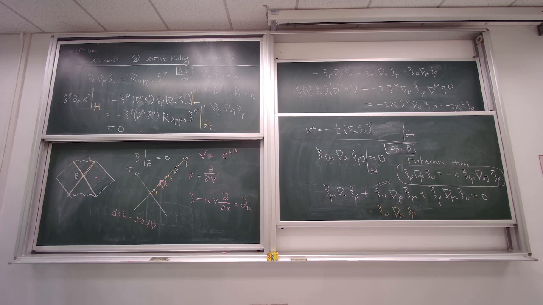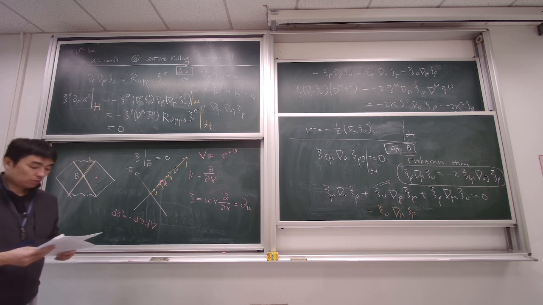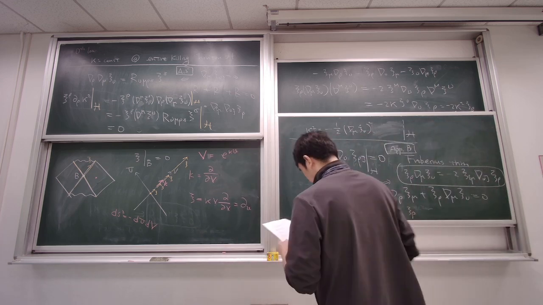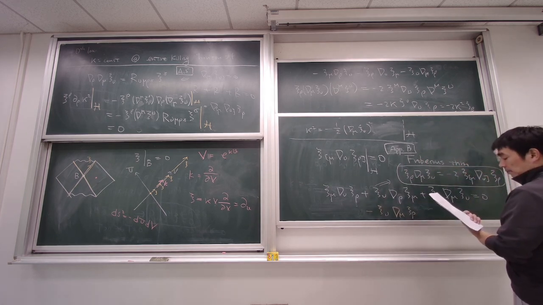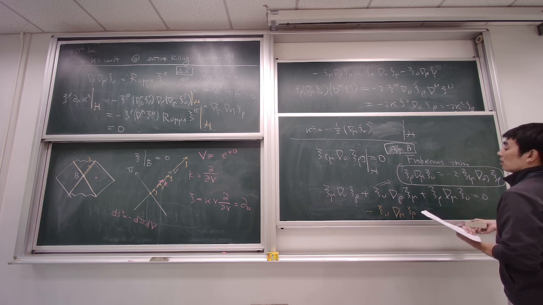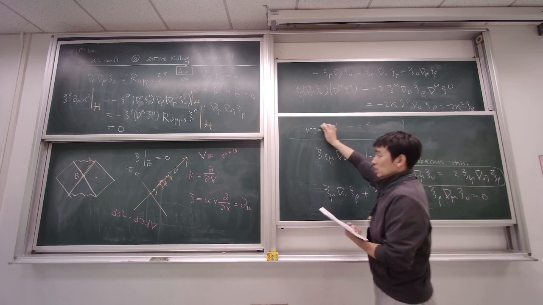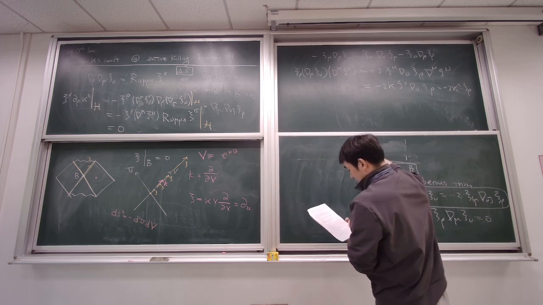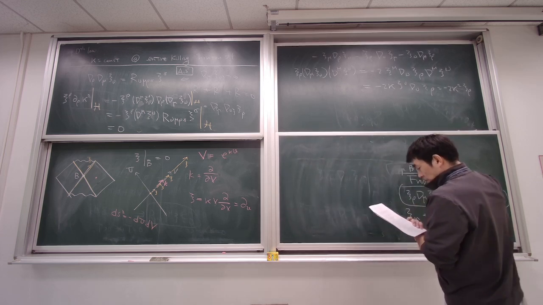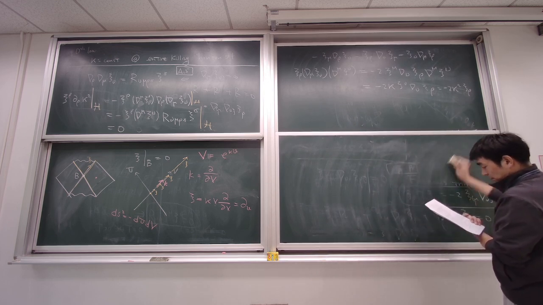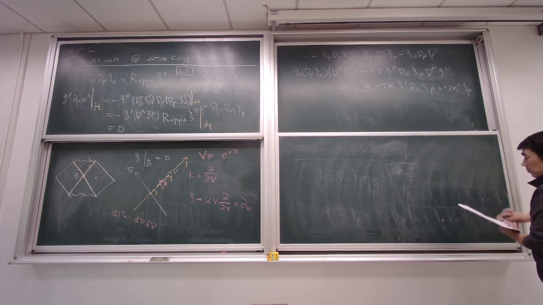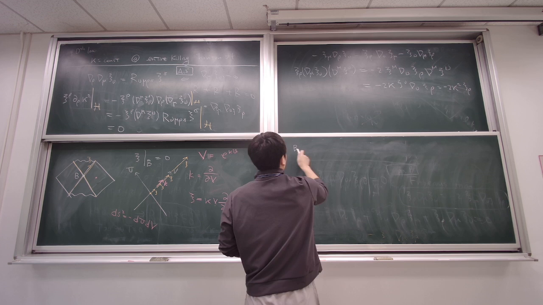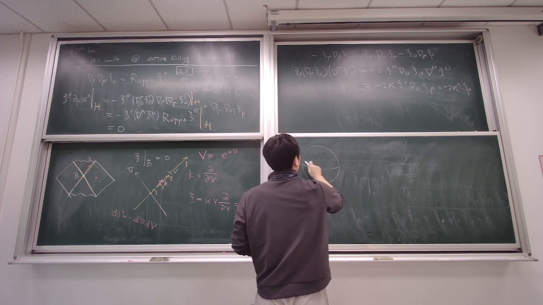In Rindler space, we can use this fact to derive this. Okay, so the bifurcation B is actually a two-sphere.